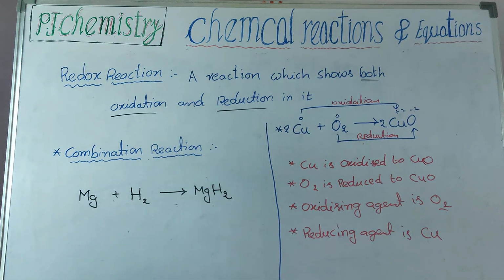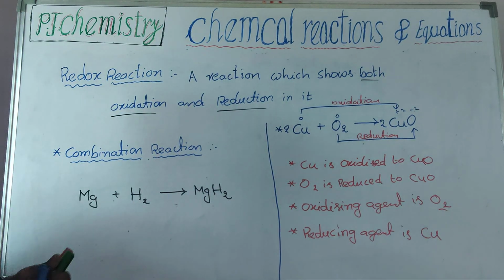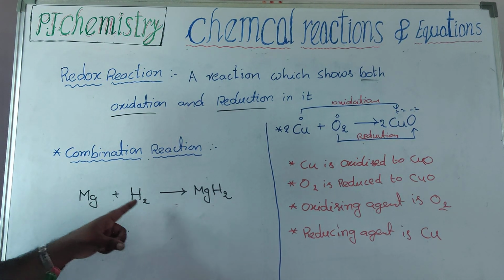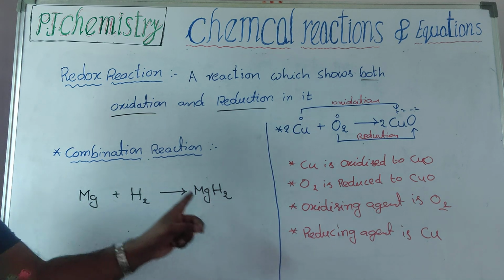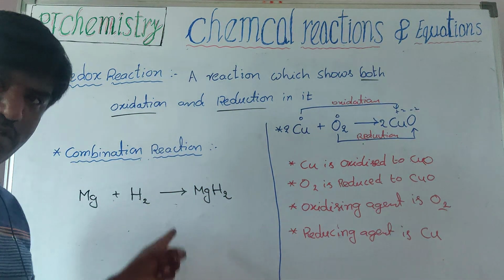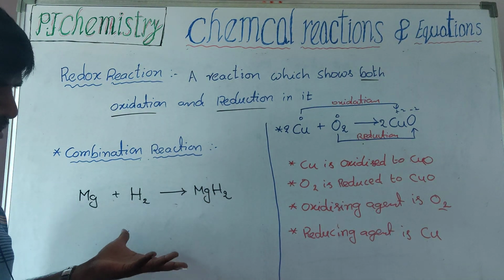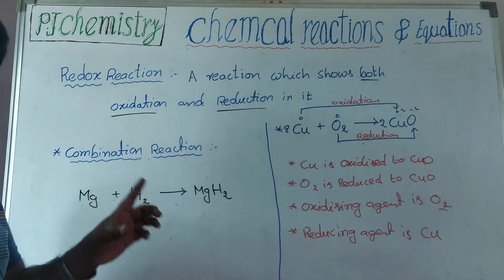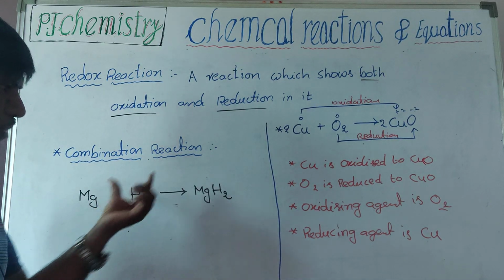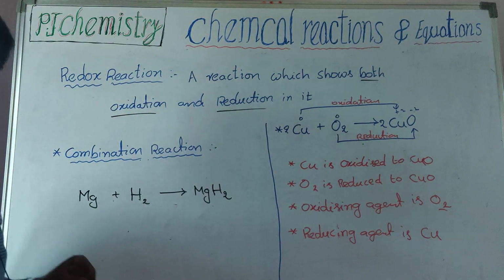Now, is it oxidized or reduced? Immediately, hydrogen is adding to the magnesium, so addition of hydrogen is reduction, reduced. Is it oxidized or reduced? Already I said, when the reactant side has elements and the product side has a compound, that is a compulsory redox reaction.